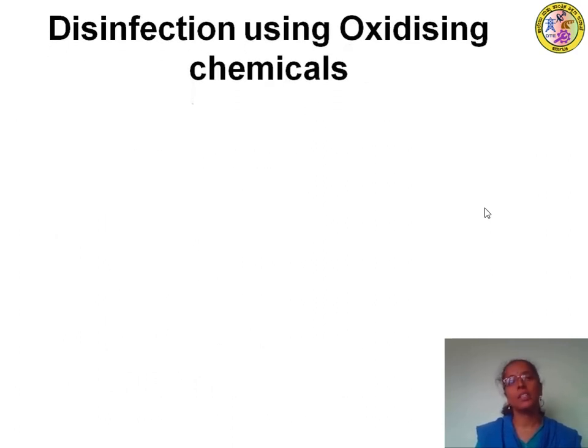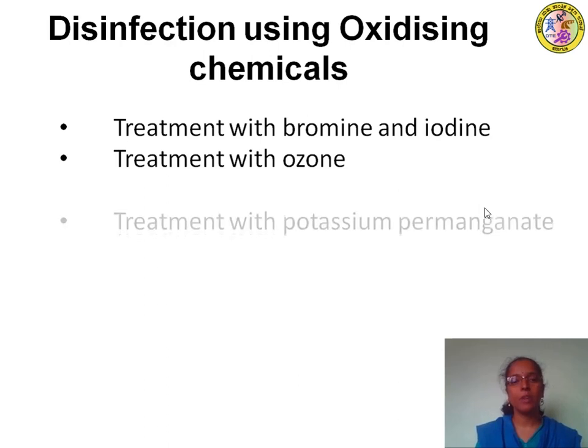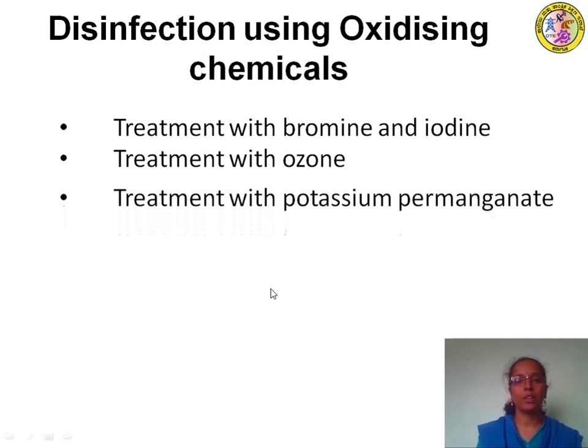In this session we will discuss disinfection using oxidizing chemicals: treatment with bromine and iodine, treatment with ozone, and treatment with potassium permanganate. These three methods will be discussed along with their merits and demerits.